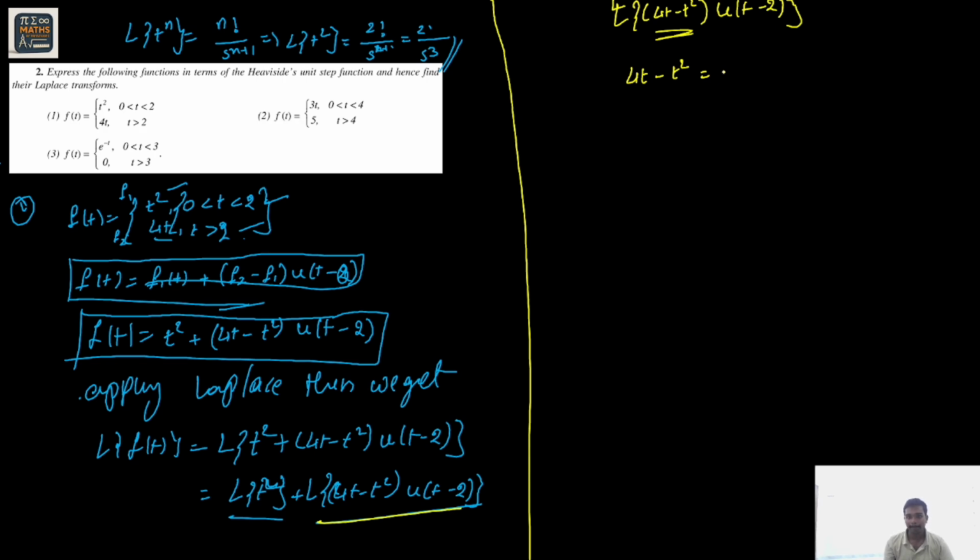Expanding this term, t minus 2 whole square minus 4.